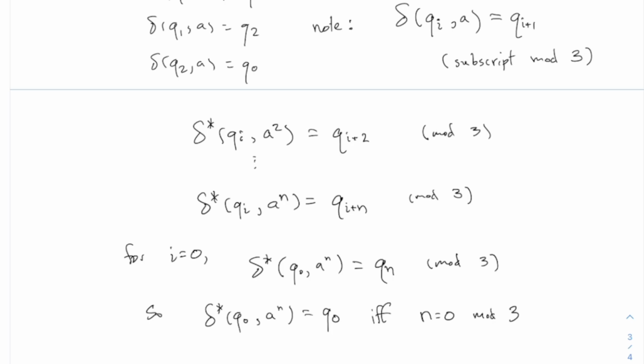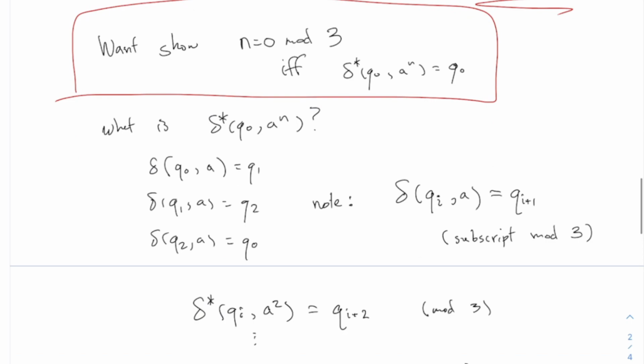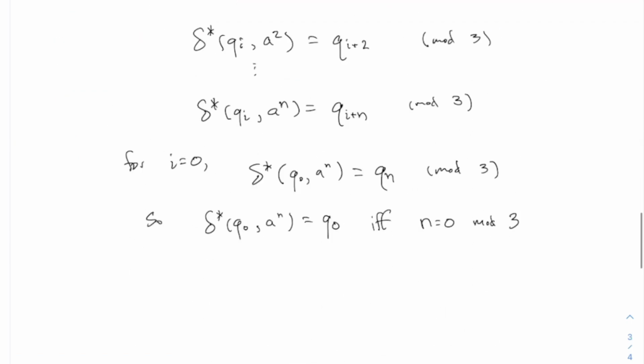The answer to that delta star is always going to be Q n. Now, when is that actually equal to Q0? It's when n is 0 mod 3. But isn't this exactly what I said I wanted to show? I know I scrolled past it, but that is exactly what was in this red box here. n equals 0 mod 3 if and only if that stuff about the deltas. All right? And that is exactly what we wanted.